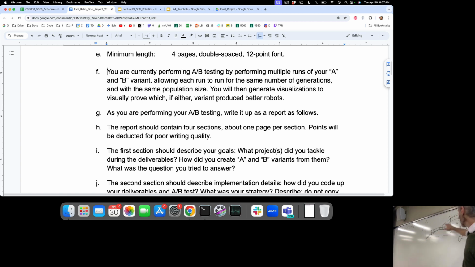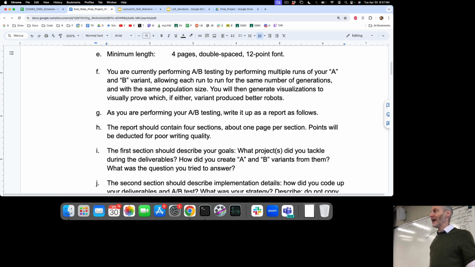A set of fitness curves where we can see that generally A tends to do better than B. For example, this would be visual proof of whatever your claim is, assuming you have enough data. Okay, so that's generally what we're looking for.